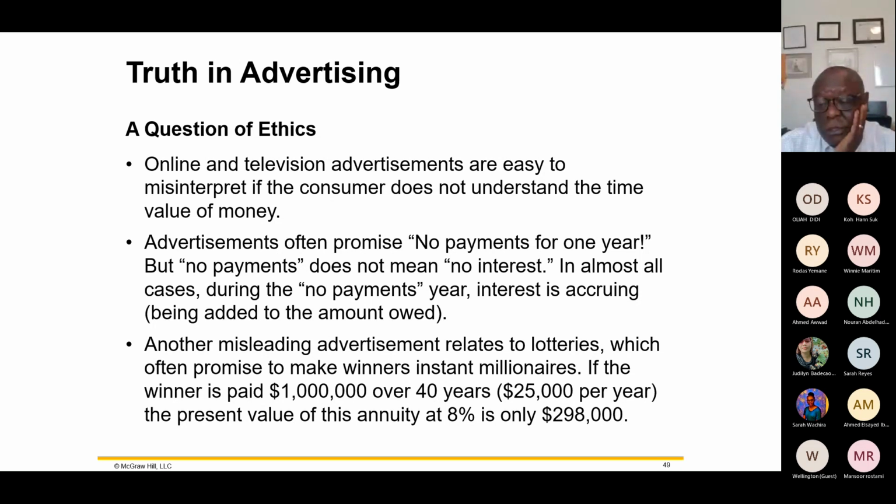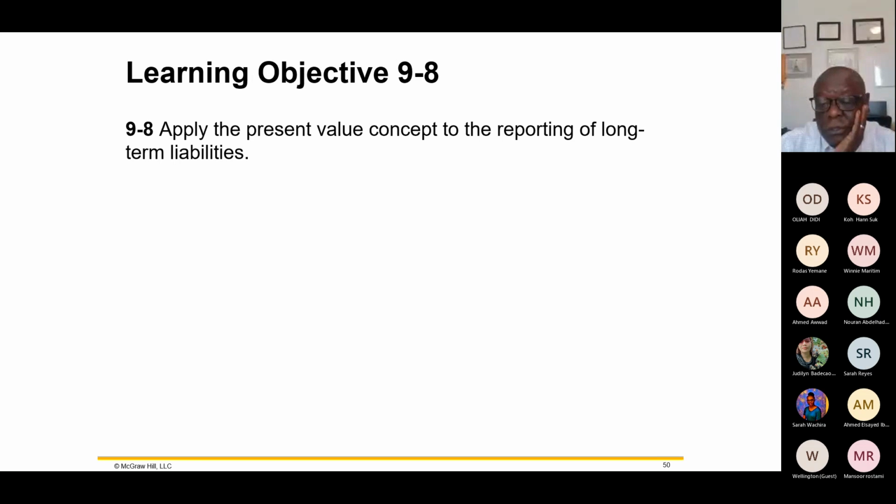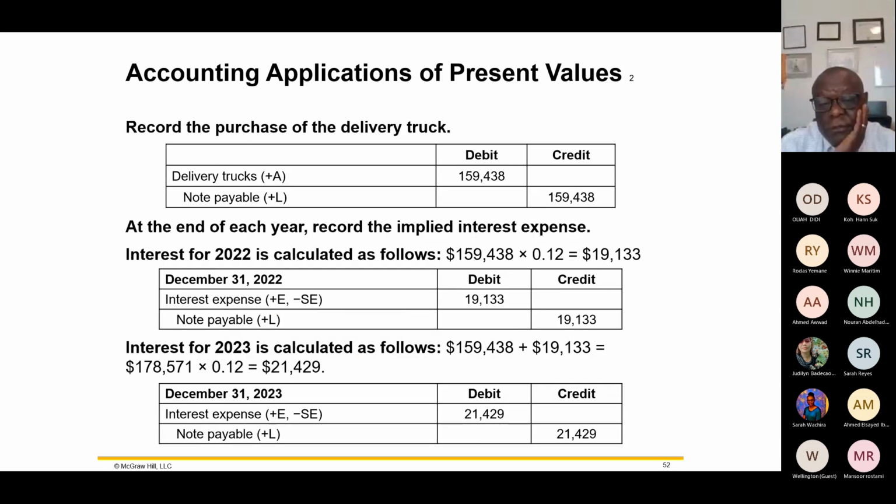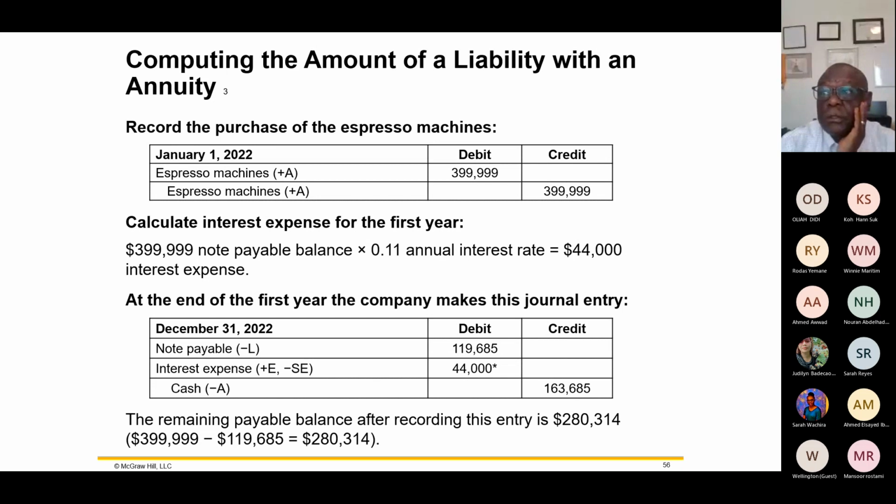Any question on ethics? Question on this? Okay, we have explained that. So that would be all for this chapter, Chapter 9, liabilities.